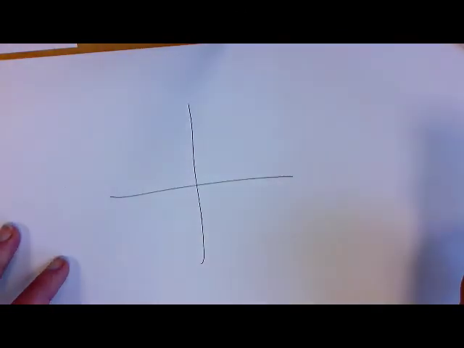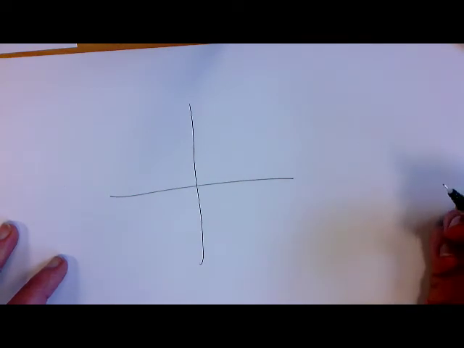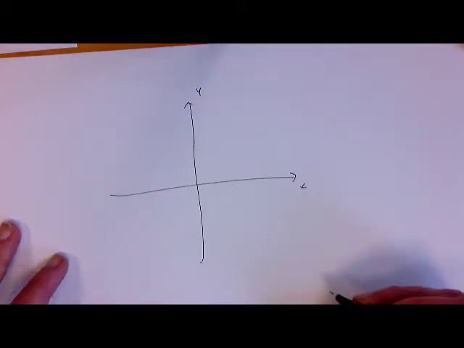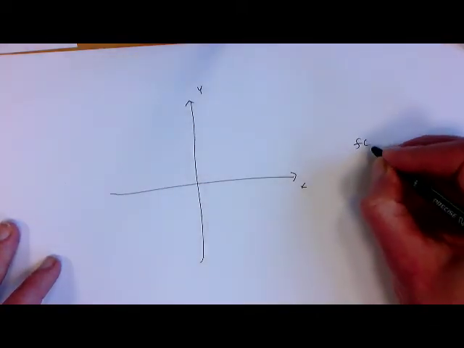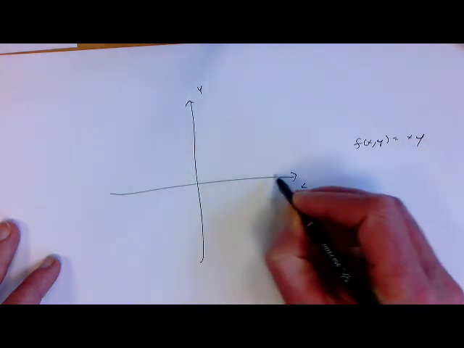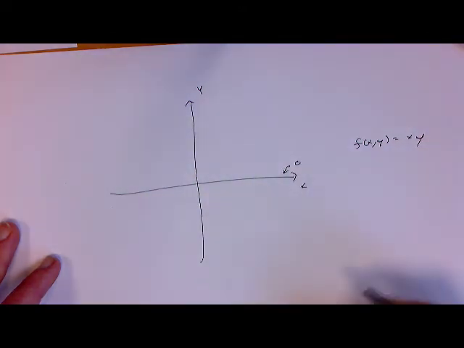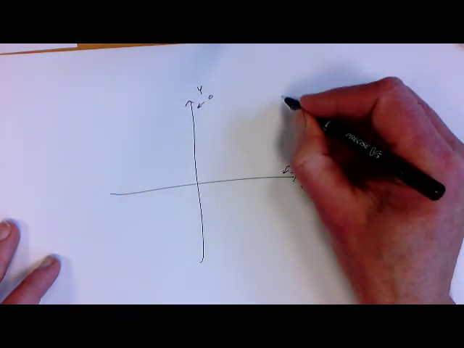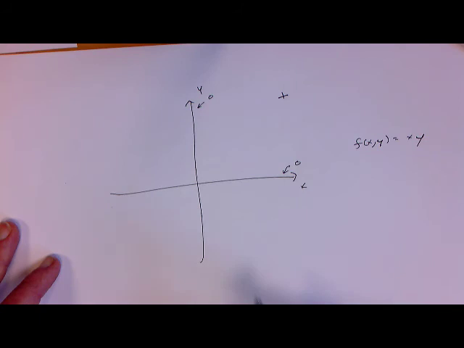So if I think about a contour plot of this, here's x and here's y. Pretty clearly, if I say f of x comma y is x times y, that's equal to 0 along this line, because x is 0. It's equal to 0 along this line. It's positive when I'm up here, because both x and y are positive.